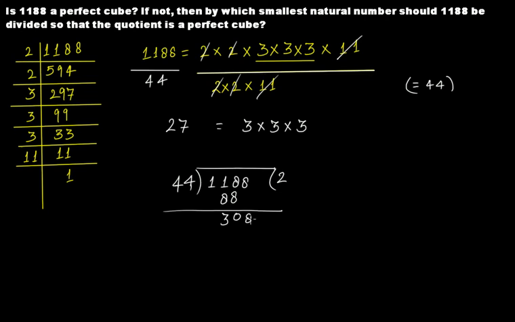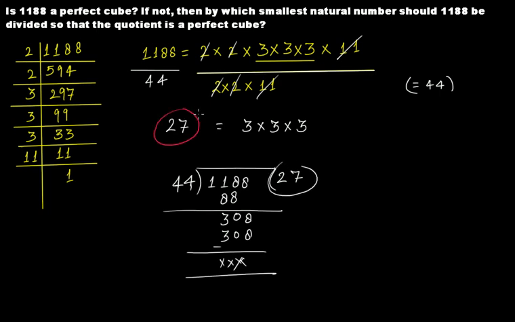You get 8 here, 7 times, you get 308. So your answer is 27. So 27 is the quotient, and that is a perfect cube. And which is that smallest number that you have used to divide 1188 by? That number is 44. So this is the smallest natural number.